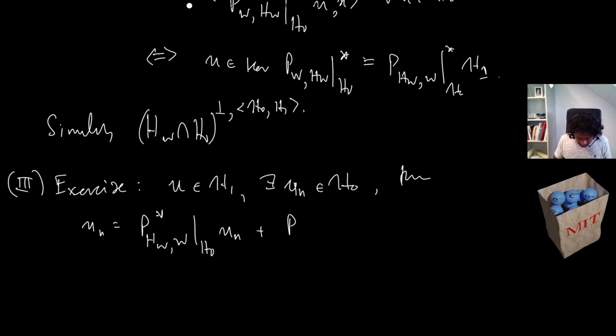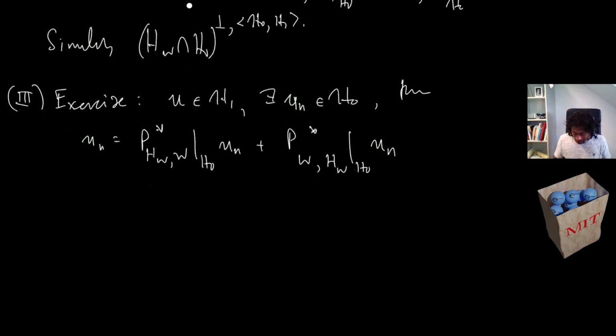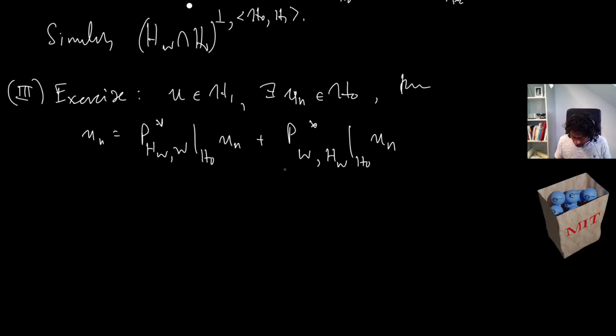That's really where the condition that W star is also sitting in H0 is required. So we first take the adjoint, W star, H0, this is HW, H0 U_N, and then we're guaranteed that this piece, even if we don't restrict to H0, if we just use this projector at the level of H, is going to sit in H0.